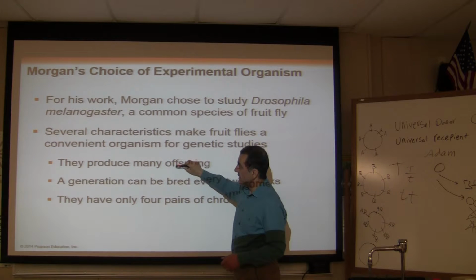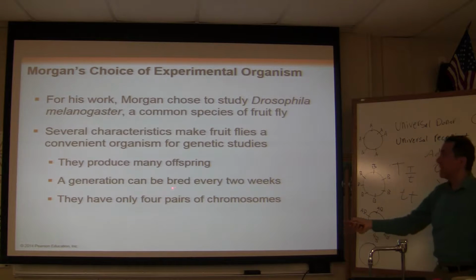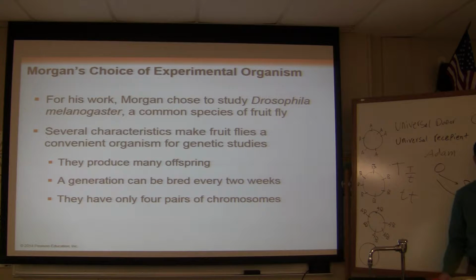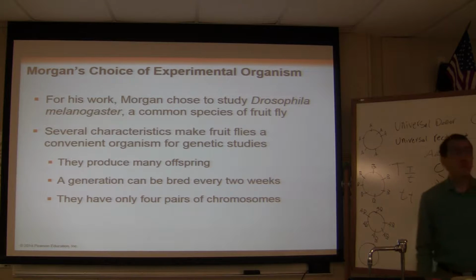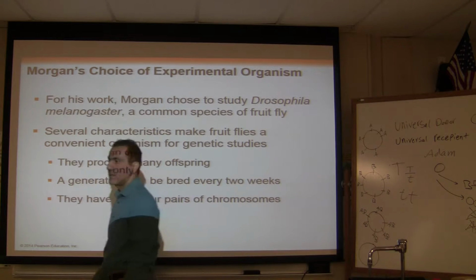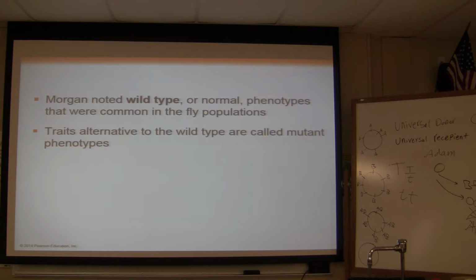But fruit flies produce many offspring, and a generation can be bred in 2 weeks. And they have only 4 pairs of chromosomes. They do not have, like us, 23 pairs. They only have 4 pairs of chromosomes. Nice, very easy to study. And they are easy to grow in the laboratory.